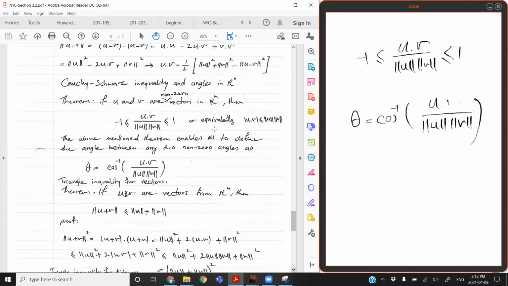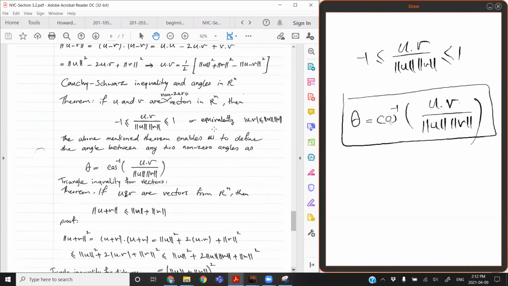And this theorem, the Cauchy-Schwarz theorem, guarantees that this expression makes sense, because you cannot enter any value greater than 1 or less than -1 into cos inverse. If you try, for example, to calculate cos inverse of 1.5 or cos inverse of -2 with your calculator, you get an error.